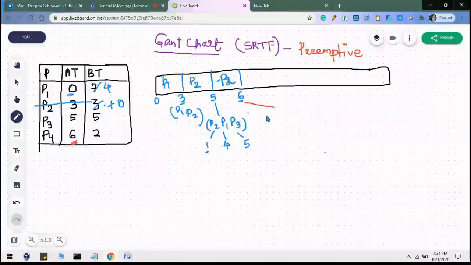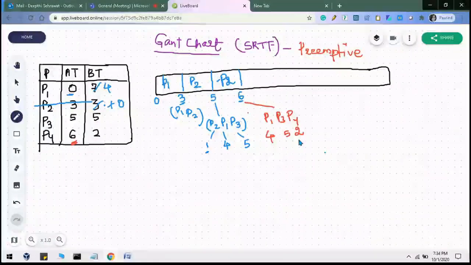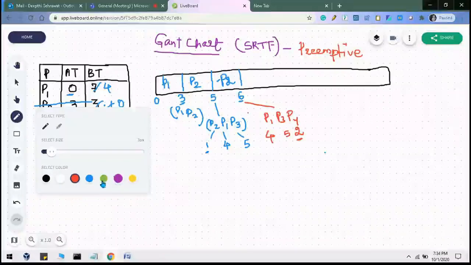So we have with us P1, P3 and P4. You can see the remaining time of P1 is now 4, P3 is 5 and P4 is 2. Out of all these, P4 takes the minimum time, so P4 will take the CPU now.